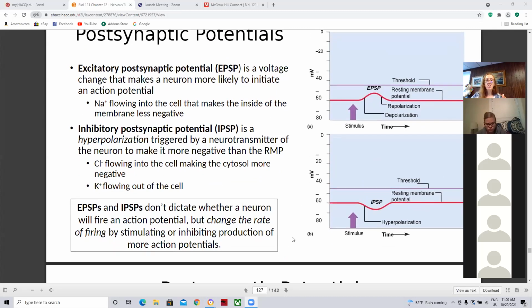So excitatory postsynaptic potentials and inhibitory postsynaptic potentials are not going to dictate whether a neuron will fire an action potential, but they will determine the rate of firing by stimulating or inhibiting the production of more action potentials.